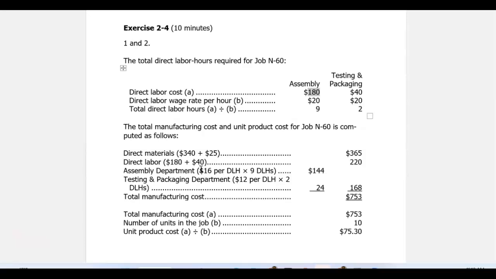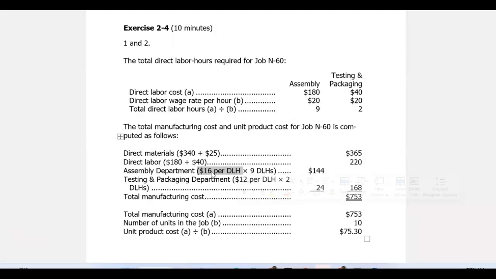So we already know how to calculate that $16, but now it's given to us. Just to remind you how we calculate this predetermined rate: predetermined rate for any department or the whole factory equals estimated next period total manufacturing overhead cost for that department divided by estimated cost driver, like direct labor hours, let's say.